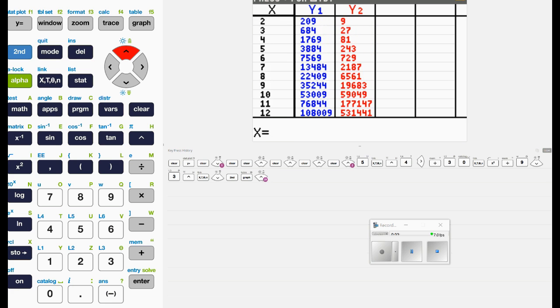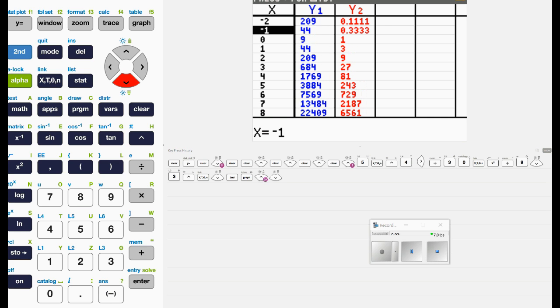Copy that table down onto your paper if you choose. 7, 8, 9 is what I need.